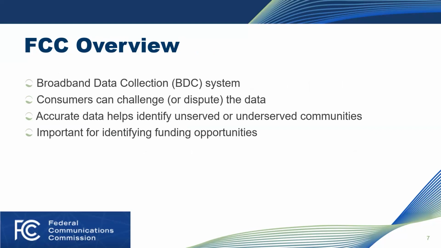So we are going to start at the federal level. The FCC Broadband Data Collection System, also known as BDC, consists of 2 data sets. One is the broadband serviceable locations, aka your house, and the other is a data set provided by internet service providers where they report that they have internet services available to customers.